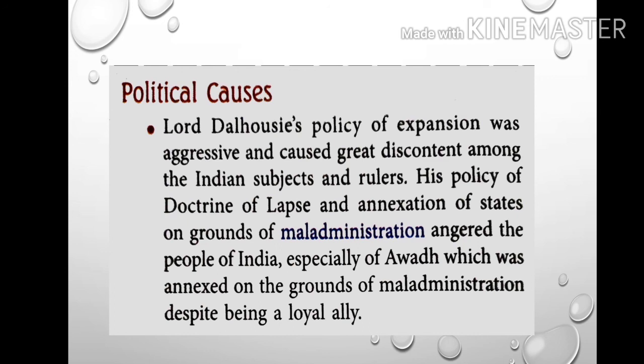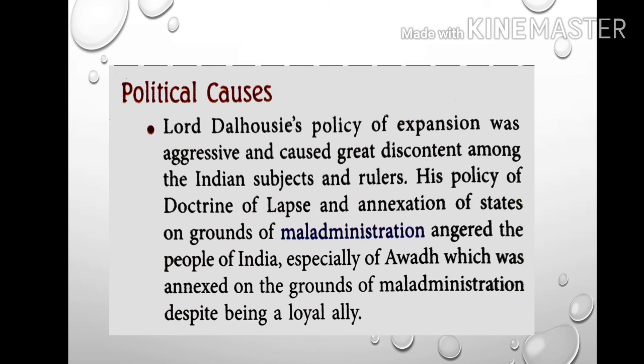Maladministration means when governance is bad in a certain area or a certain state. Look at what the British people said. They said the governance of this state is not good. That's why we are taking control over it. So actually, they were making a very lame excuse, but still they were taking it by force.